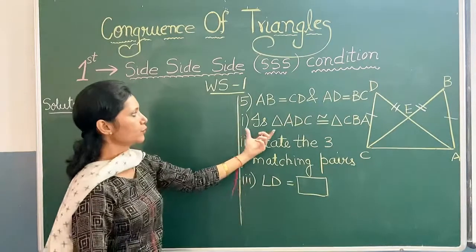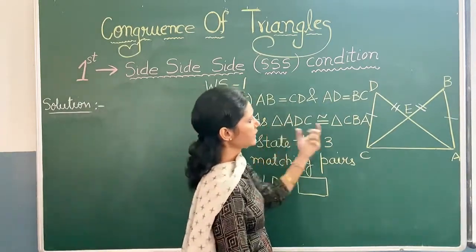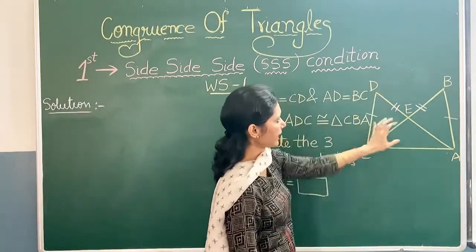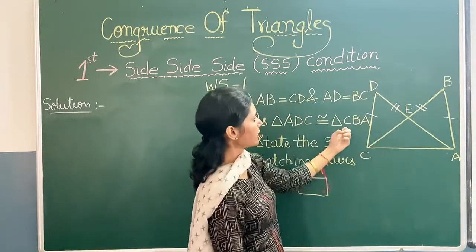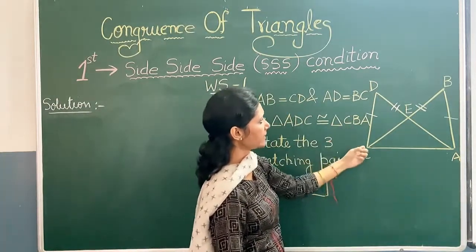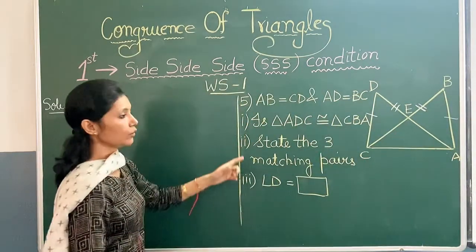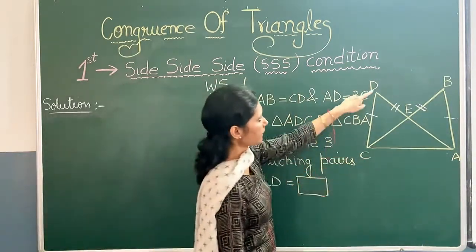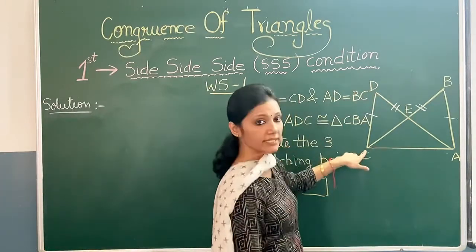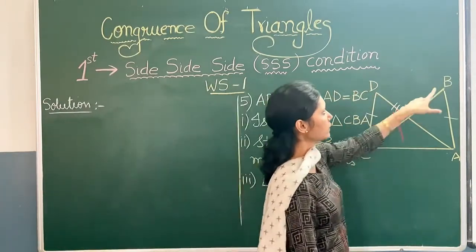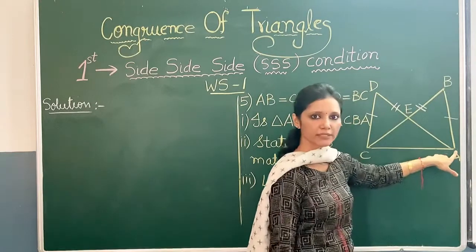So we have to prove triangle ADC, that means this triangle, is congruent to triangle CBA, that means the other triangle. Now let's look for the matching parts. See, the side CD or DC of one triangle is equal to the side BA or AB of the other triangle.